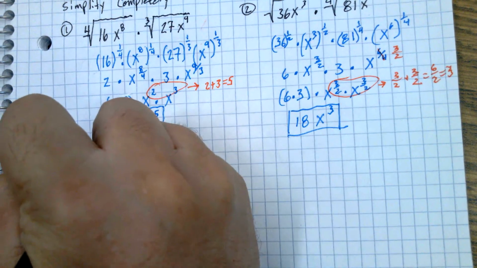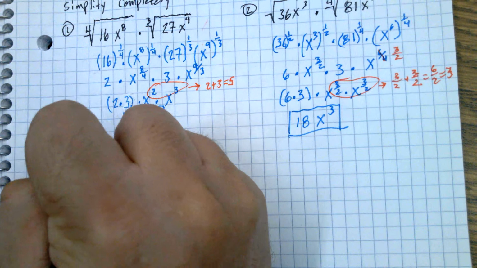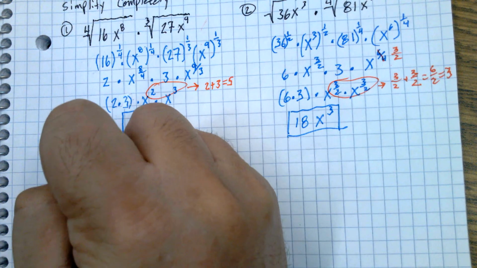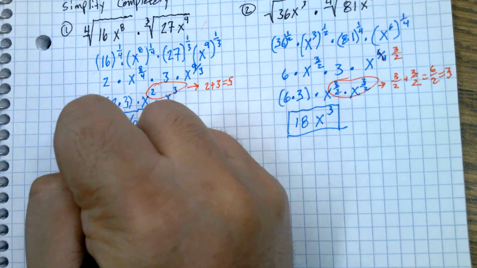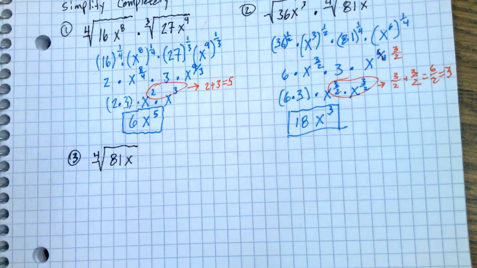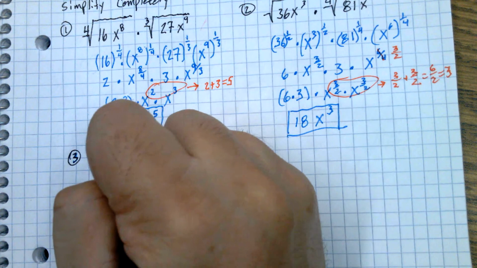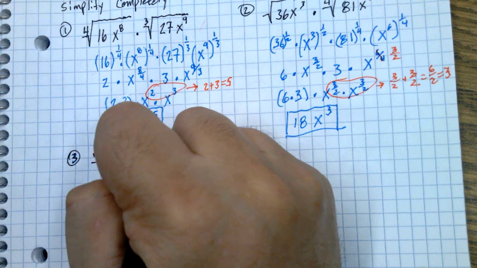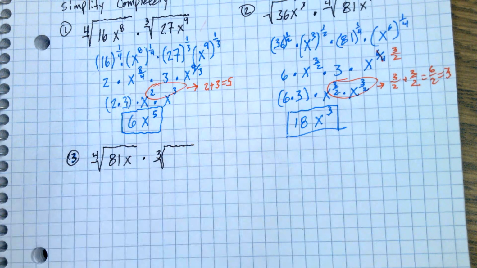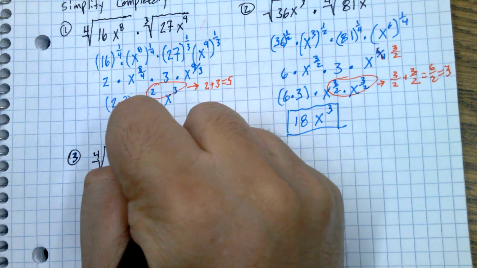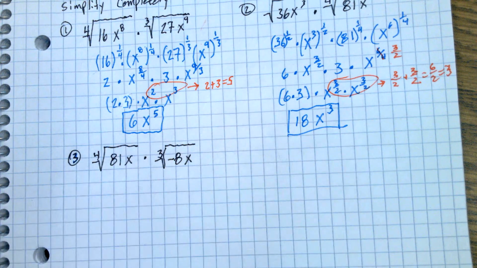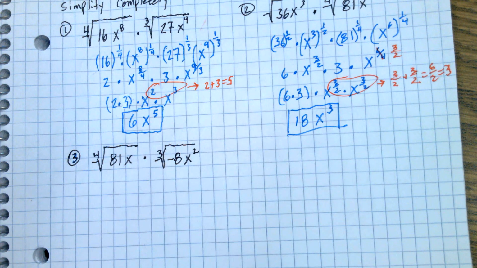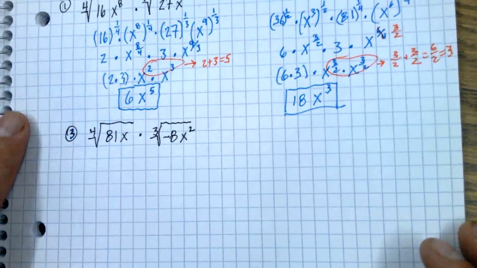And it's 4th root of 81, which we already did, x, just x, times cube root of -8 x to the 2nd. Okay? So let's start with this.